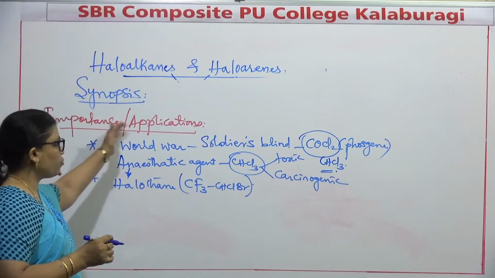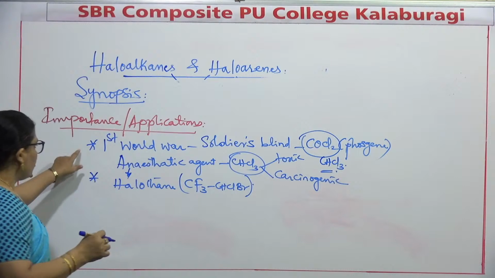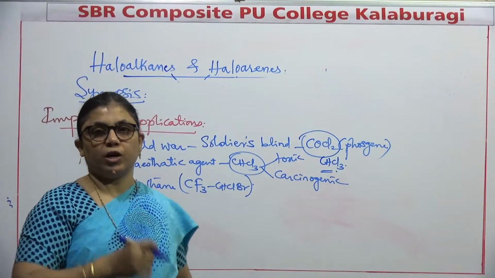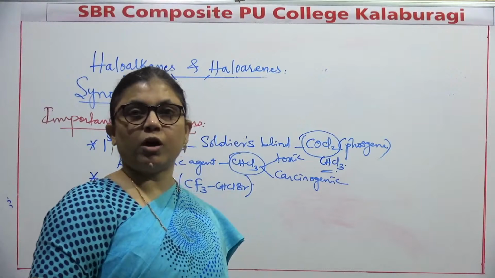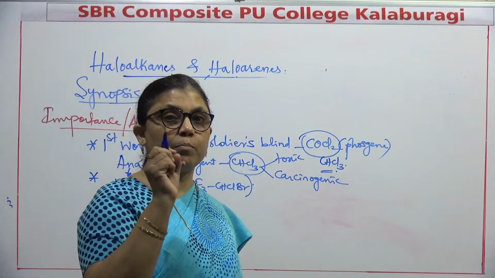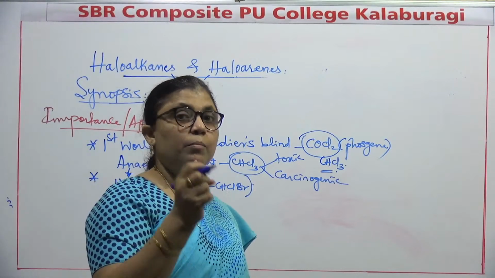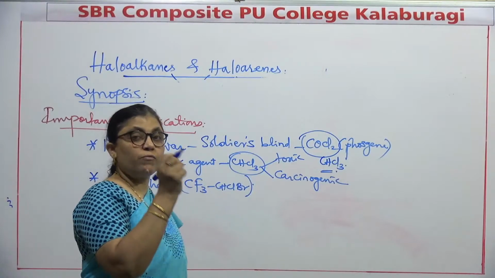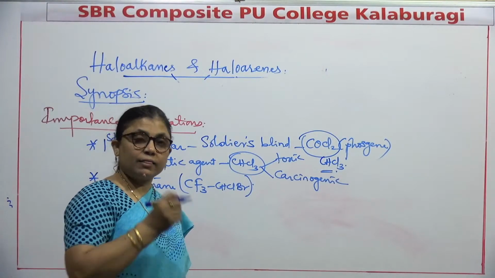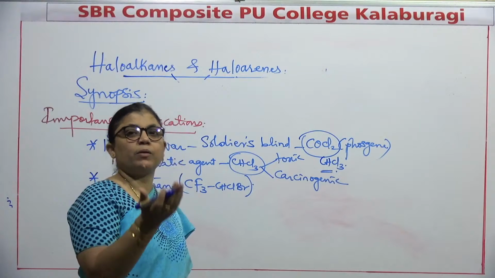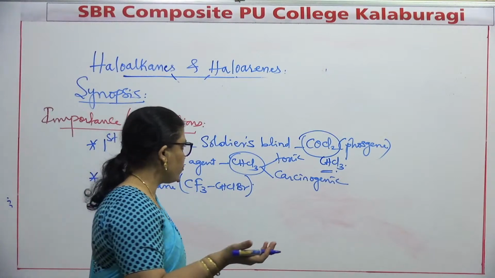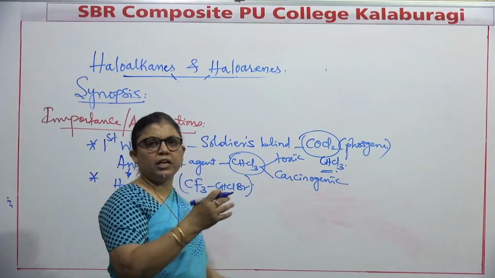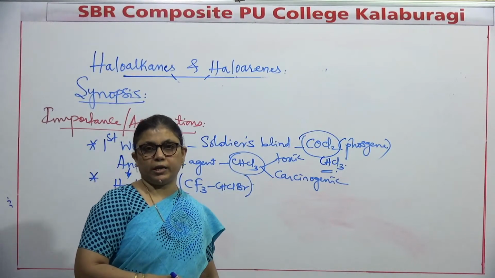So in the applications, or the importance, the first important point is that we start from the First World War. During the First World War, many soldiers became blind in the warfare. Why is it so? Because they used phosgene gas, and that phosgene gas is prepared from chloroform. Chloroform is actually an anesthetic agent, but it is highly toxic and carcinogenic in nature.